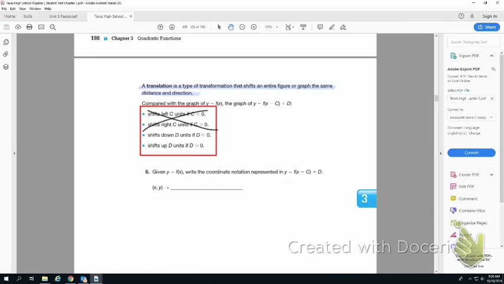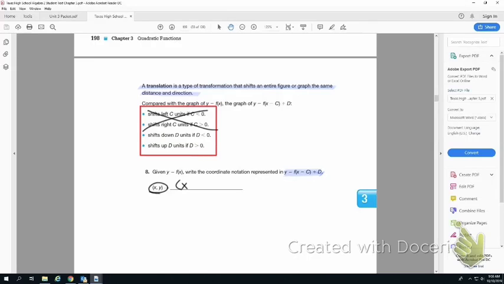Okay. So if I come down here, kind of refer to this, I can take any point on the parabola, and according to what I have highlighted in blue up there, would I add the C value or subtract the C value? Add. Why?